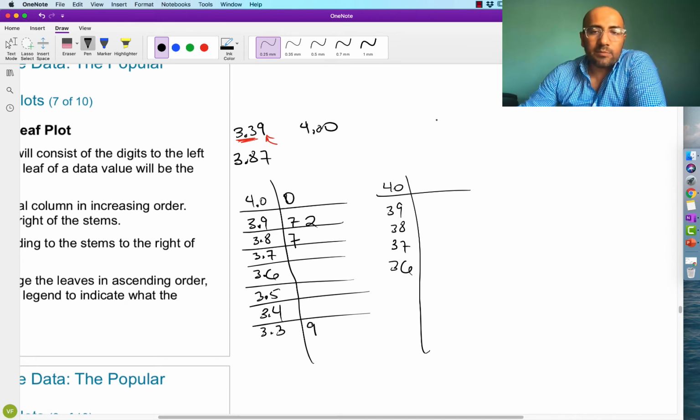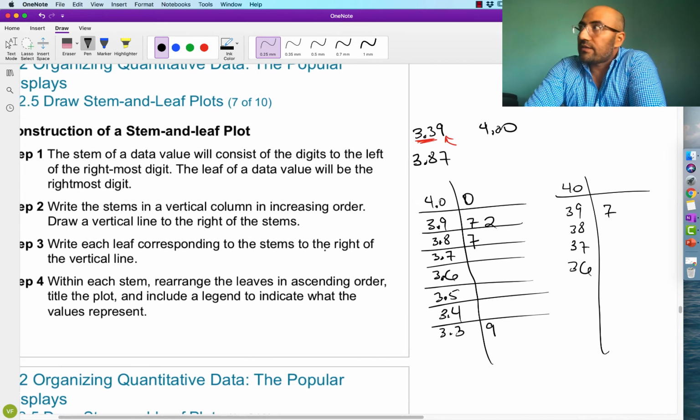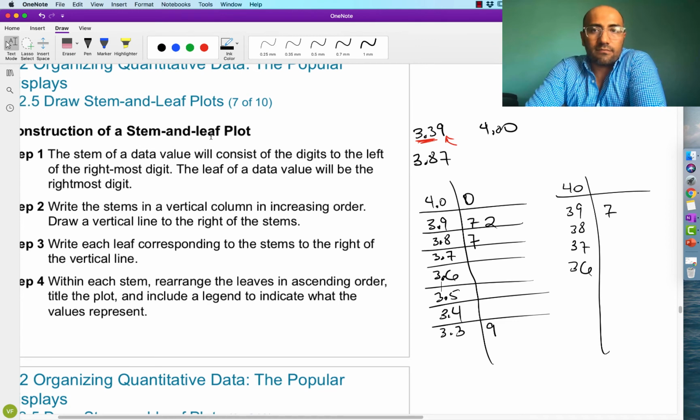Or there might be a little explanation on the side to let you know that 39 means 3.9. So there might be a little note about dividing the number by something, or an explanation of what that means. But I think the most popular thing would be just to leave the decimal in place. Right? It's just a matter of which one makes the most sense.